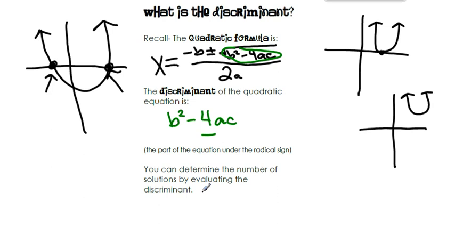We can then determine the number of solutions once we have evaluated that. And remember, the term evaluating means we're going to be substituting. Okay? So when we're given an equation, we're going to be substituting into this discriminant to get a value, and that value will tell us what our picture will look like. Okay?